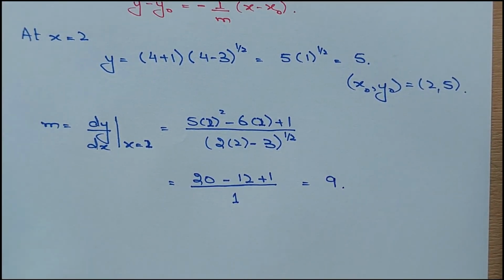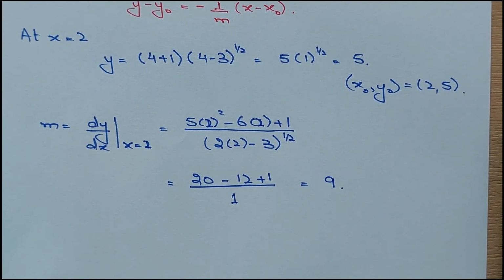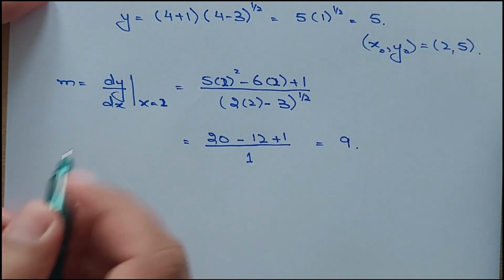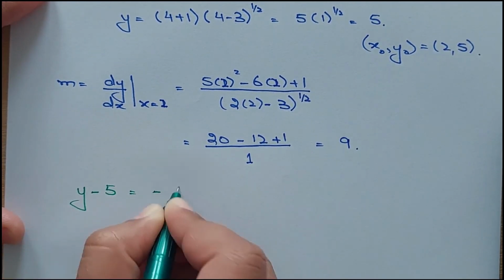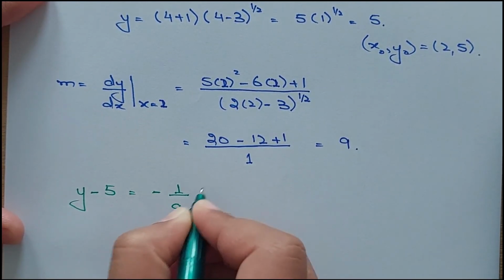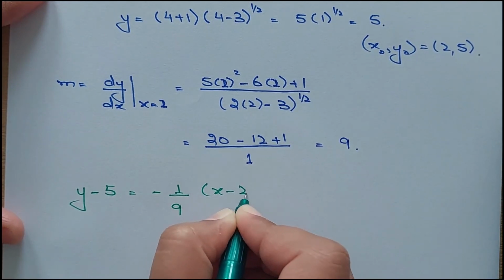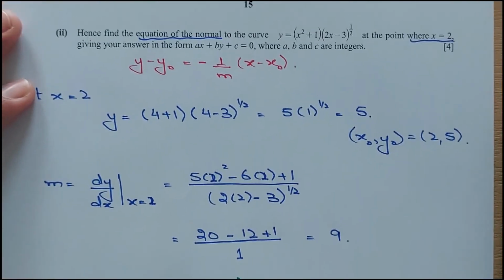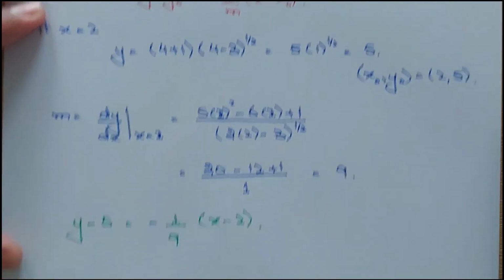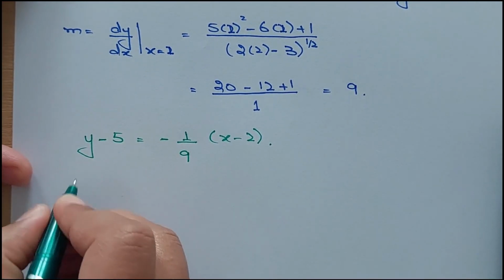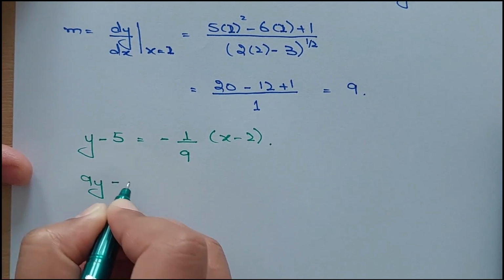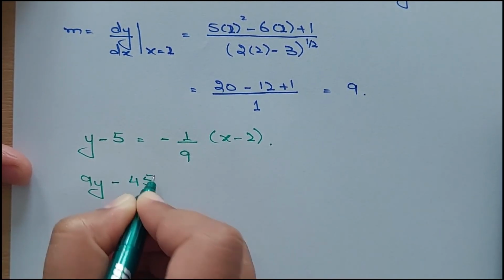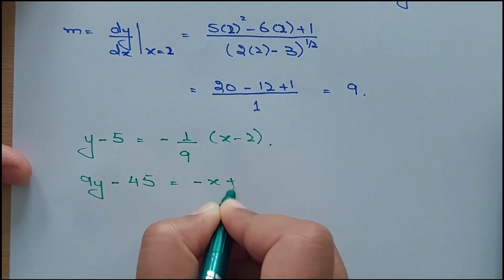Now let me substitute all the values into the equation of the normal. So the equation of the normal is y minus y naught, that is 5, equals minus 1 over the m value, into x minus x naught, that is 2. Now we have to write this in this form, right? So simplify it. Multiplying by 9 here, so 9y minus 9 times 5 is 45 equals minus x plus 2.